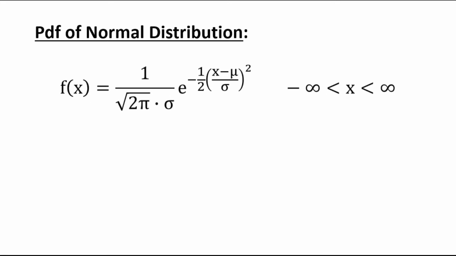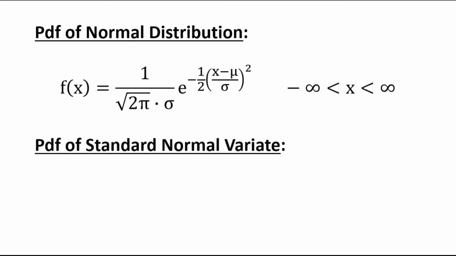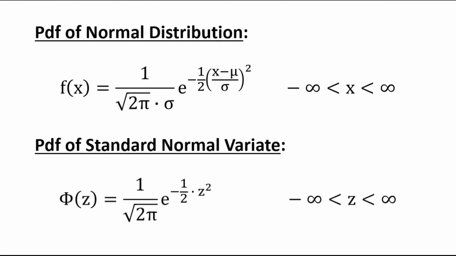PDF of normal distribution is this one, and PDF of standard normal variate can be written in this form. What we have done is, we know that the variance of standard normal variate is 1, so the standard deviation of a standard normal variate will also be 1, and we have written z in place of x minus mu upon sigma.